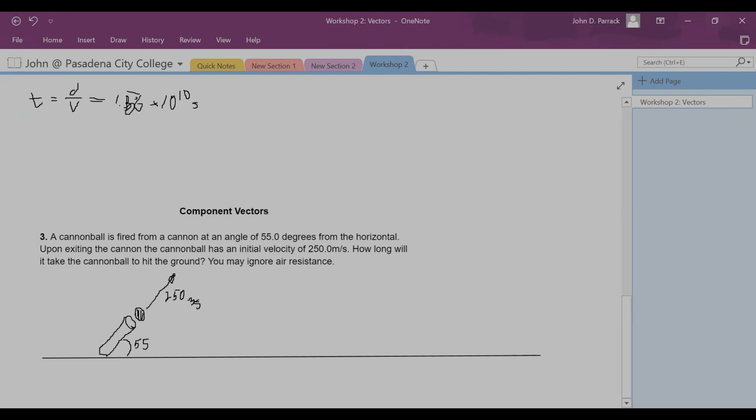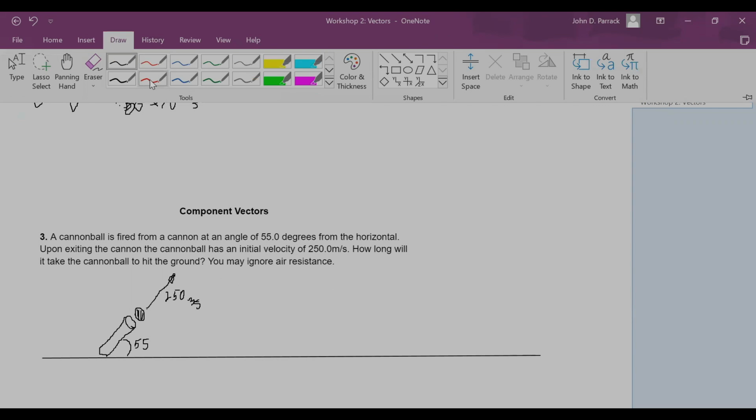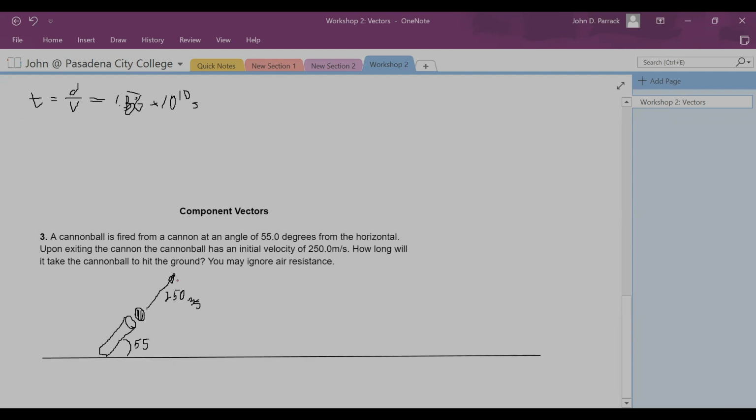Now, let's see right here. I talked about how we're going to need component vectors. I maybe should have drawn a little bit bigger. I think I can give you the impression. So the way that we're going to tackle this is we really don't care how far the cannonball travels, right? We only care how long it takes to hit the ground, which means how long it spends going up and then how long it takes for gravity to pull it back down to the earth, right?